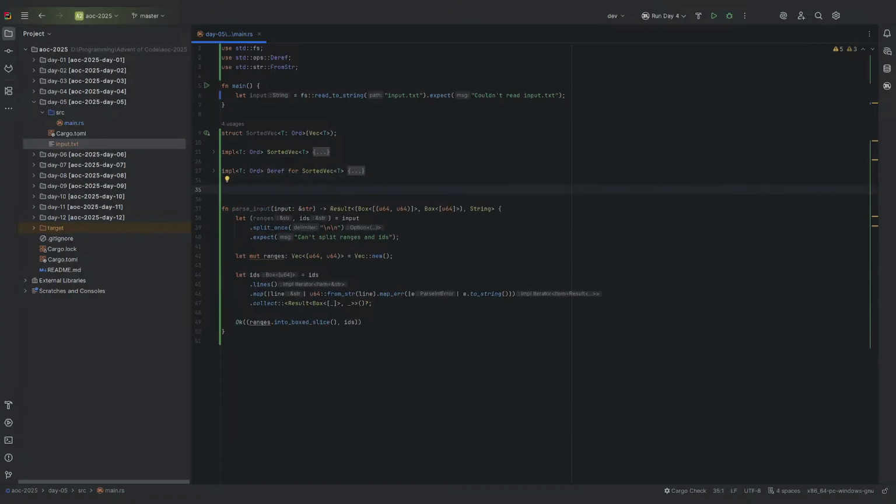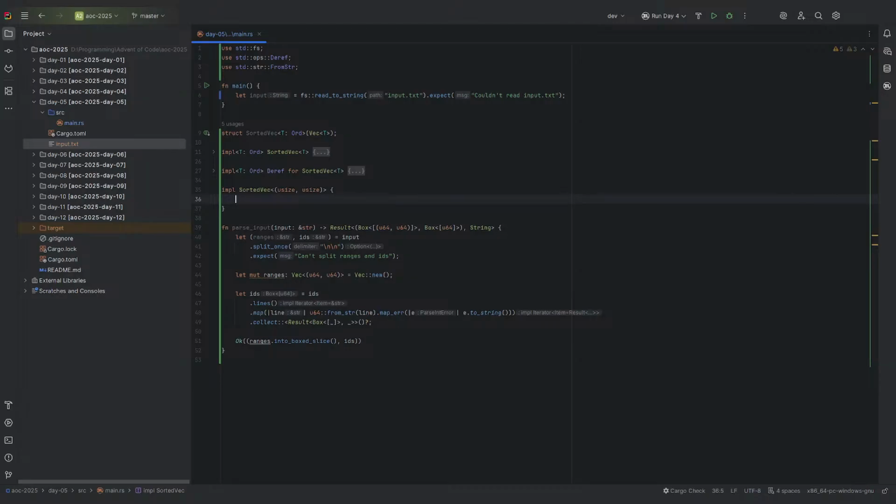And now for particularly sort of like view sizes, implement specifically here. So it's not usize, it's of course u64.